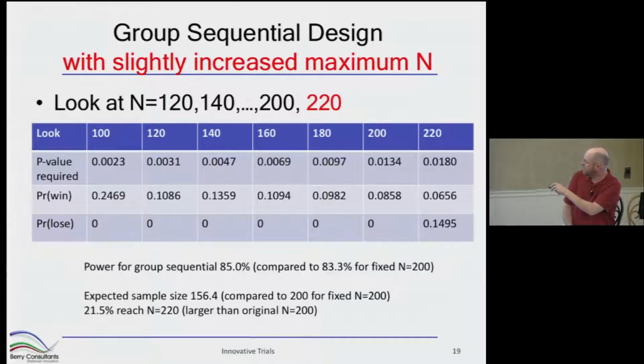You can see here's 20% of my trials. They've had to go to 200. Oh, this one, 21.5 reached 220. So I've made 21% of my trials longer at 220. And in addition, a lot of them are smaller. My expected sample size is 156.